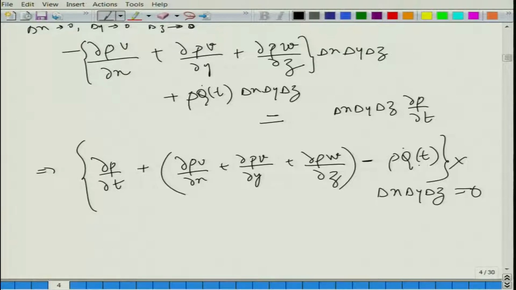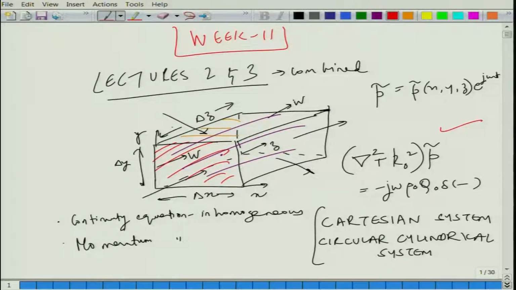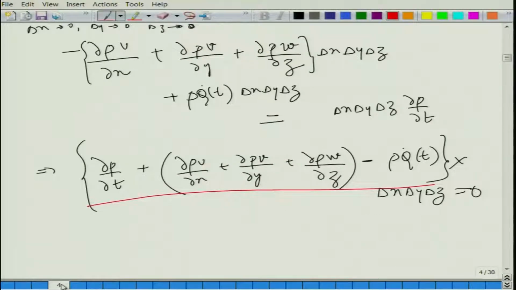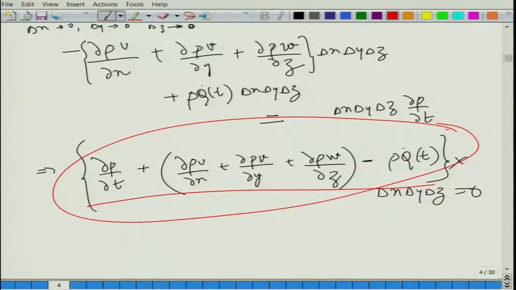So, for this equation to hold for any generic volume, the term inside must go to 0, because you see this is a generic volume, delta x, delta y, delta z. In a big fluid you can consider a small volume, and since we are considering this volume to be arbitrary, this should hold for any delta x, delta y, delta z, that small dV volume, and for that the entire term inside must go to 0.